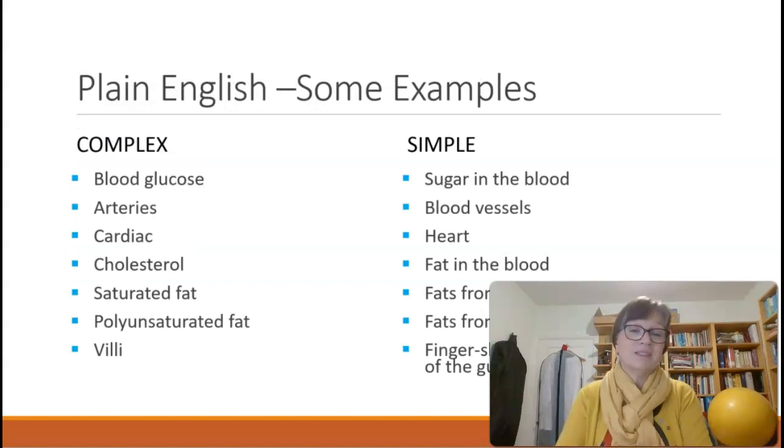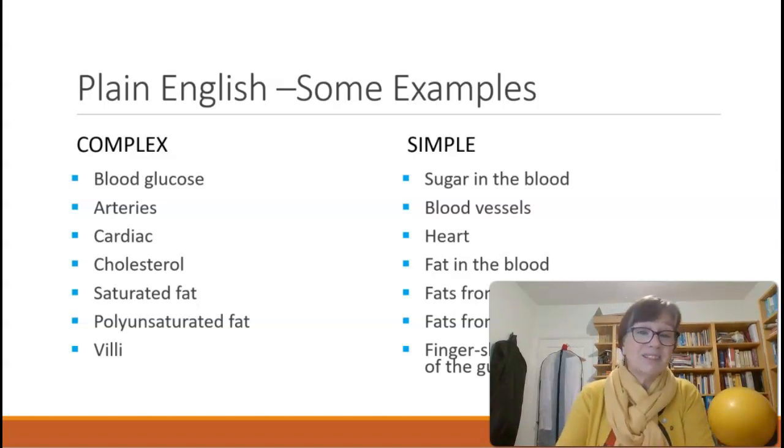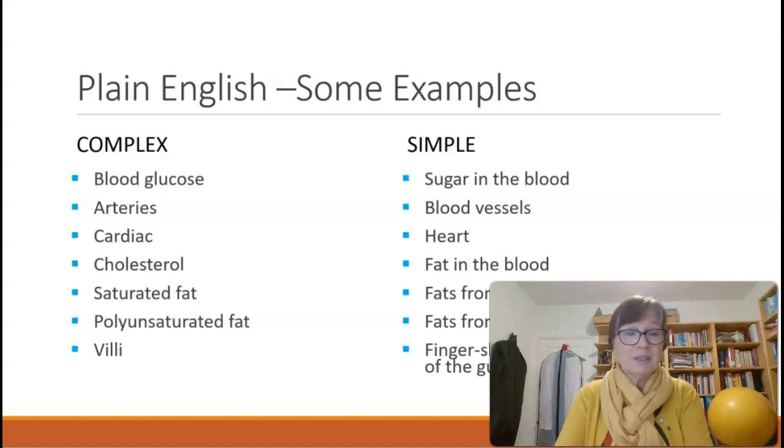And just to give you some examples of where we might use plain English, rather than saying blood glucose levels, we might talk about sugar in the blood. Everyone understands sugar. Glucose, they don't all understand. Arteries, just blood vessels. Cardiac means the heart. Cholesterol is a fat in the blood.